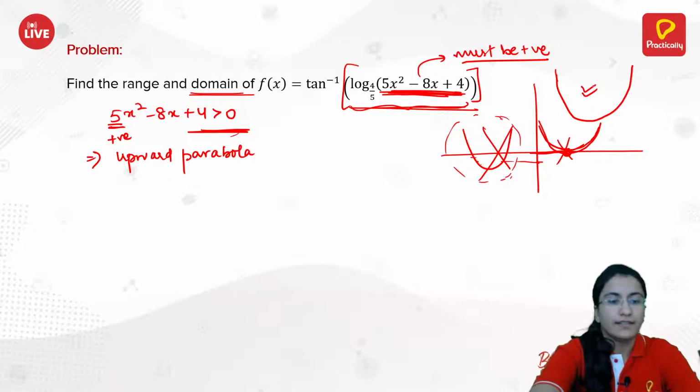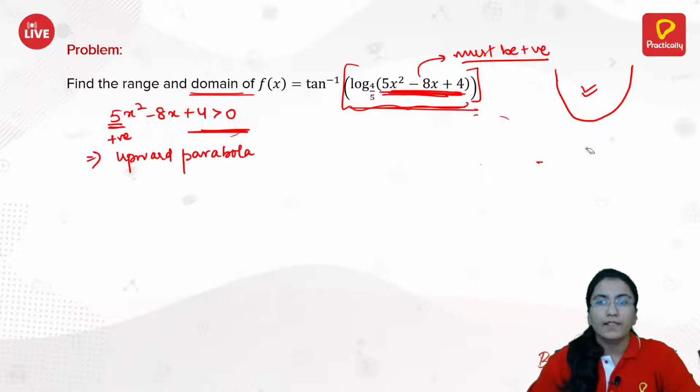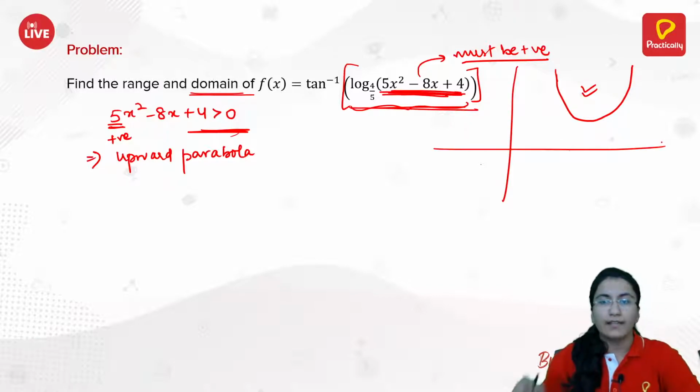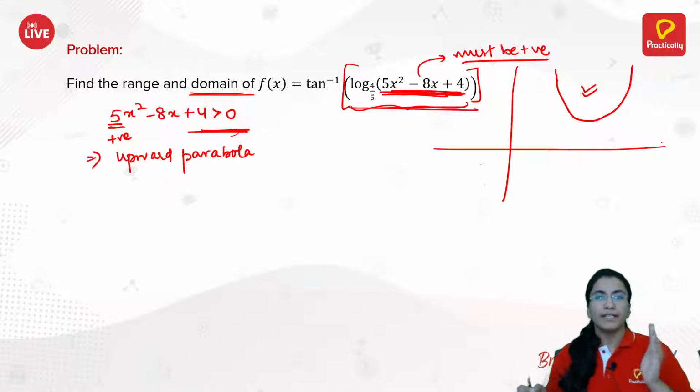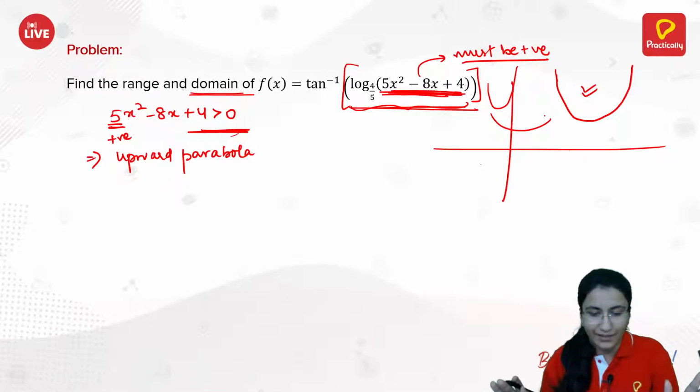Let us remove the other cases. We consider only the case when the parabola lies above the x-axis. Above the x-axis, it can lie in the first quadrant, the fourth quadrant, or both; we don't need to take care of that.